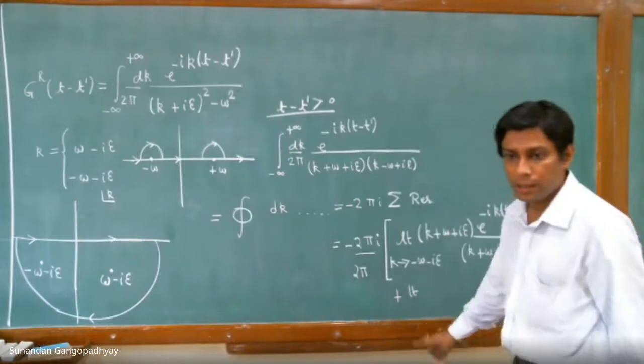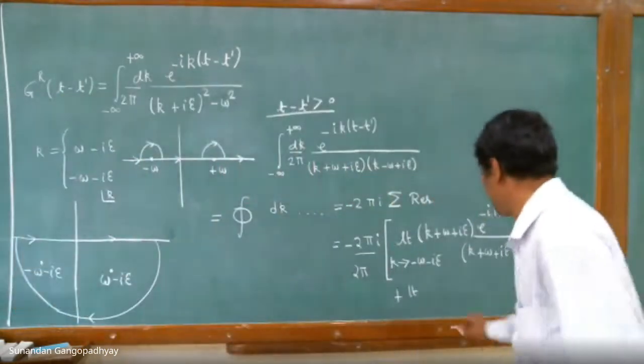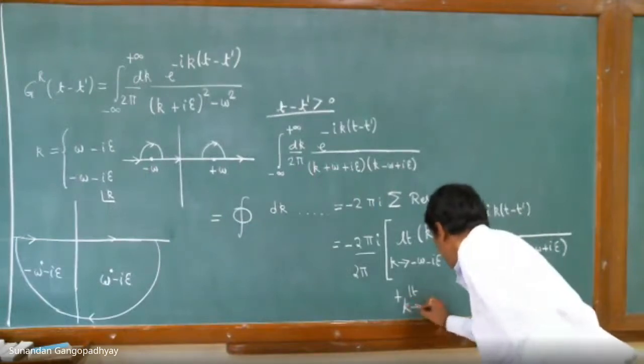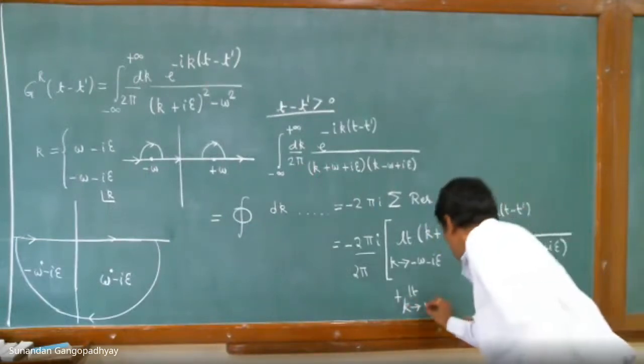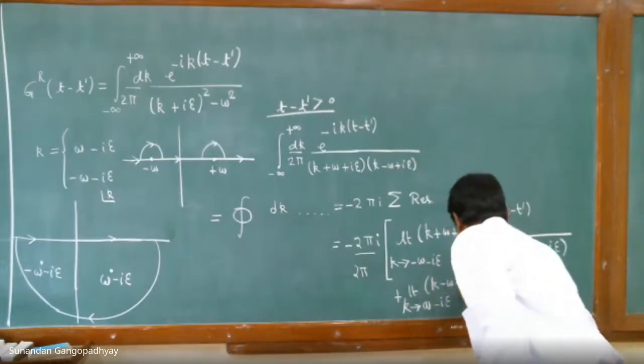So this is one of the contributions, and then plus the limit. I hope you can see this. Is this visible? Yes, it's visible. So k tending to omega minus i epsilon. This will be k minus omega plus i epsilon.